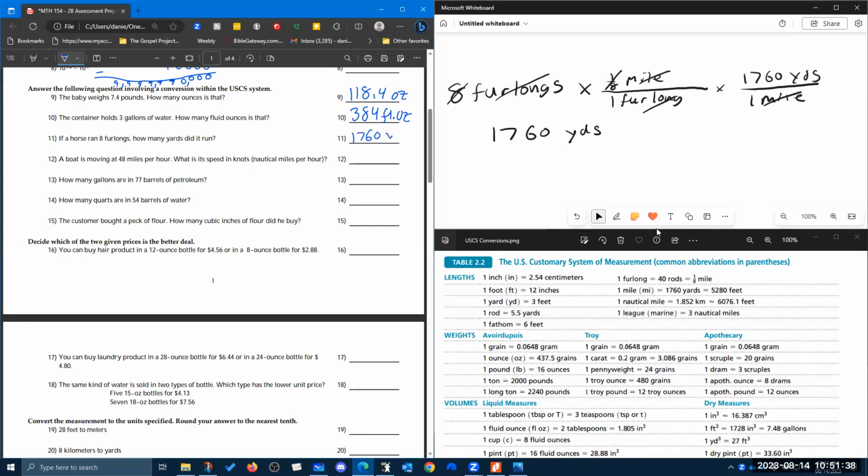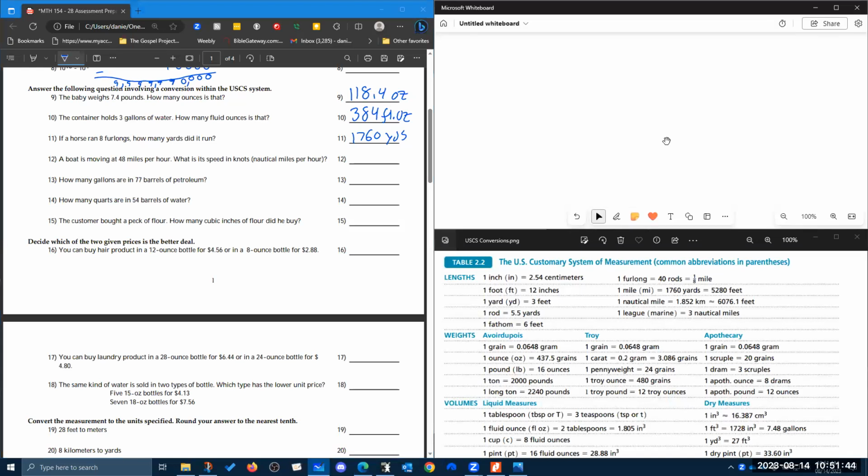All right. A boat is moving at 48 miles per hour. What is its speed in knots or nautical miles per hour?